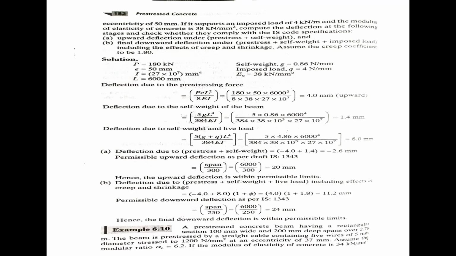You have to practice a number of problems to calculate short-term deflection and long-term deflection easily, and study deflection problems following the Indian standard codes and formulas to calculate deflection.